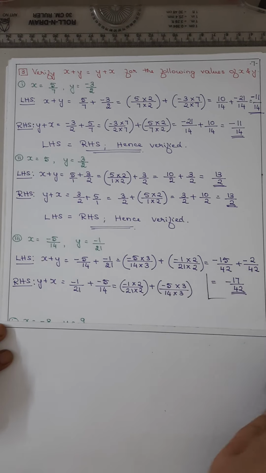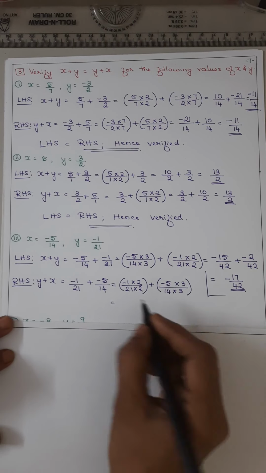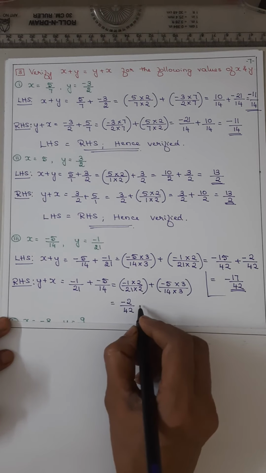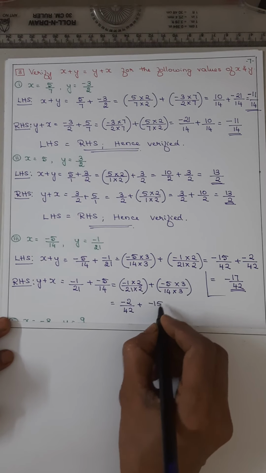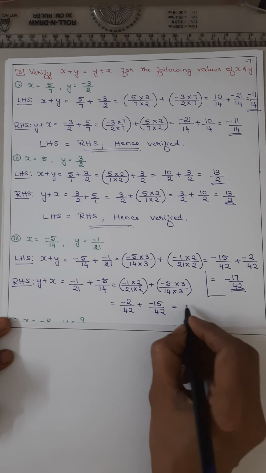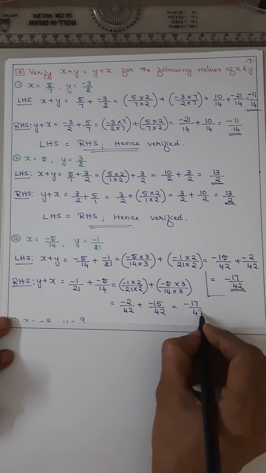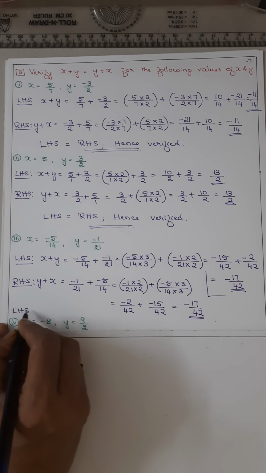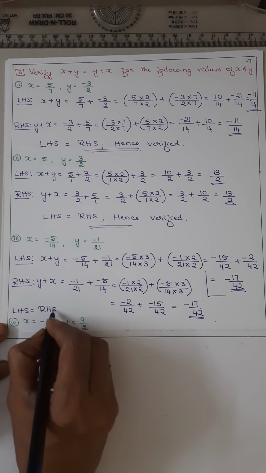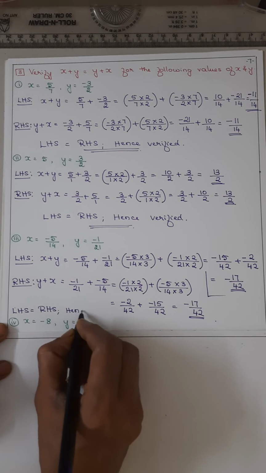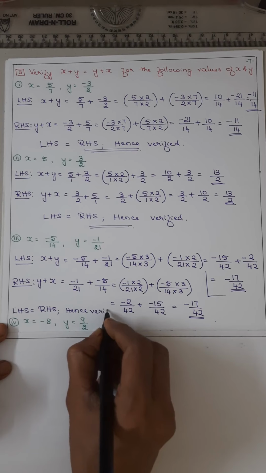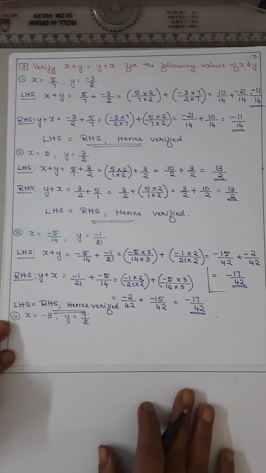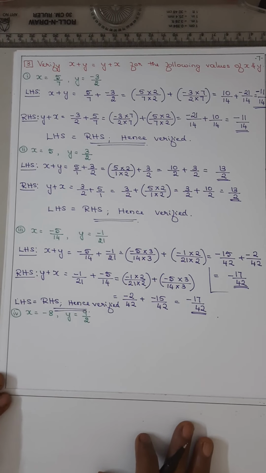Now it is minus 2 by 42 plus minus 15 by 42. You got minus 17 by 42. That is LHS is equal to RHS, hence verified. Is it okay? Hope everyone is understanding, isn't it?